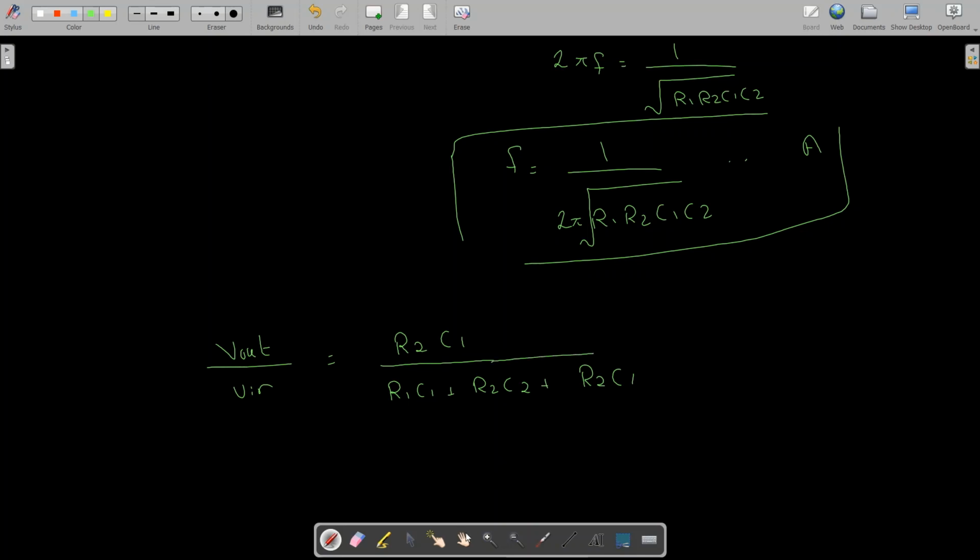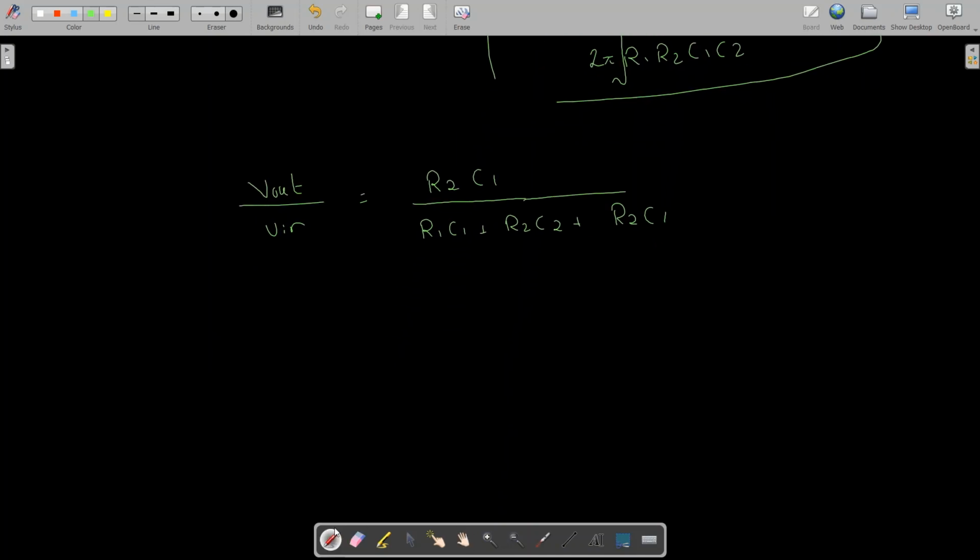And this is your beta, because this is a feedback circuit. So this beta is equal to R2 C1 divided by R1 C1 plus R2 C2 plus R2 C1. Now A is your gain. We know that beta A should be equal to 1 for sustained oscillation.